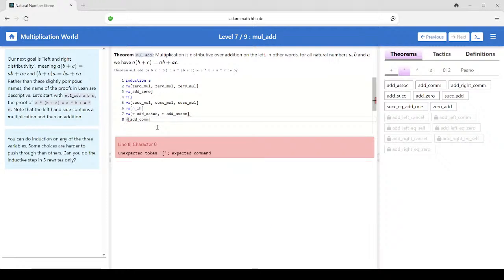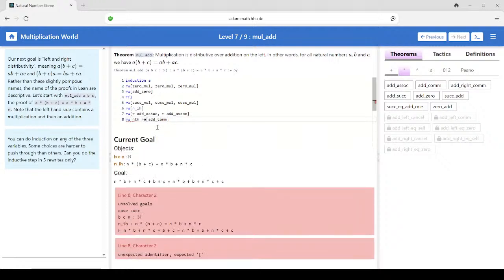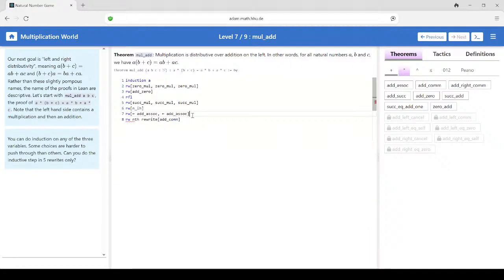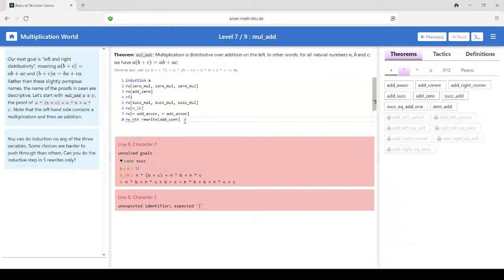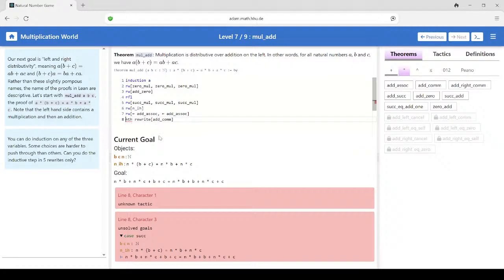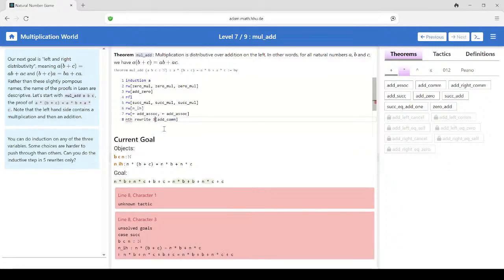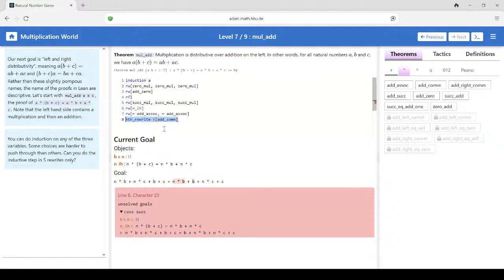Wait, what? Isn't that what I had written before? Oh, I used a space instead of an underscore. Okay.